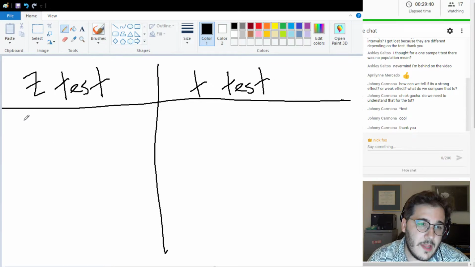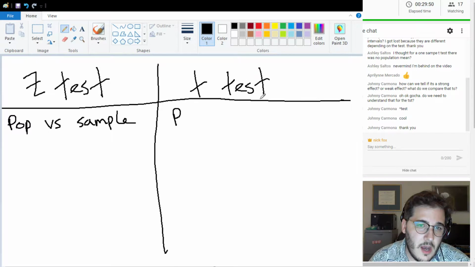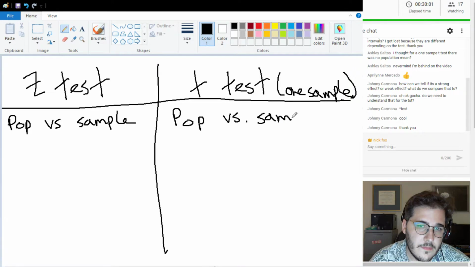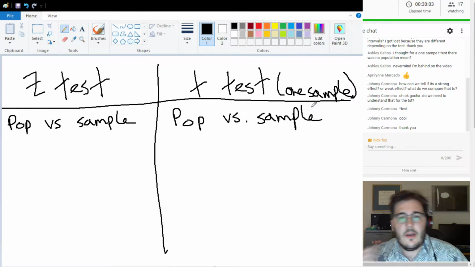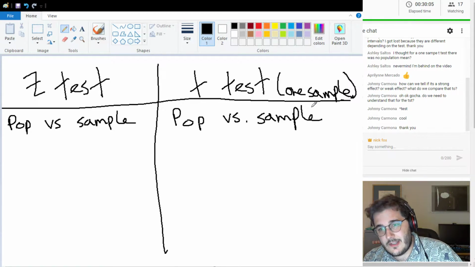So, like I said before, it's both population versus sample. So this is one sample. So for both z-test and a one-sample t-test, you're comparing a sample to a population.